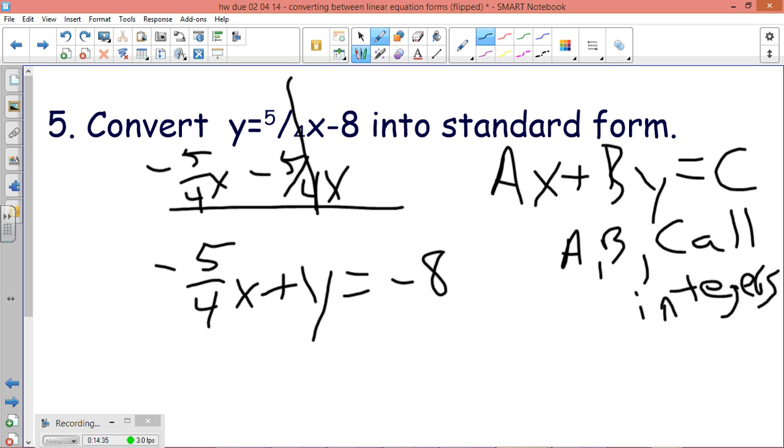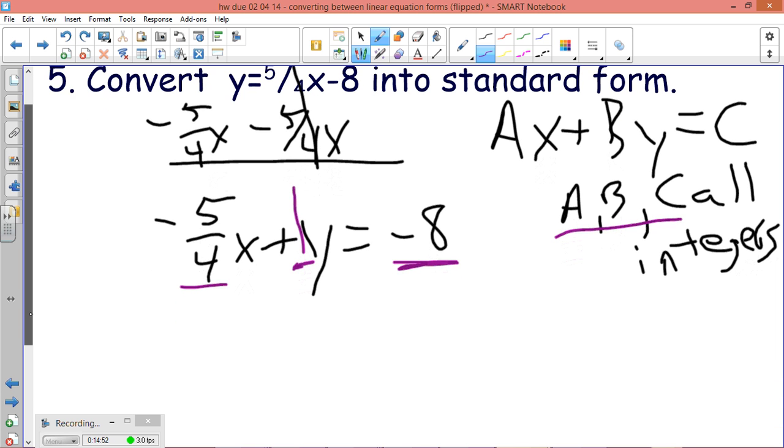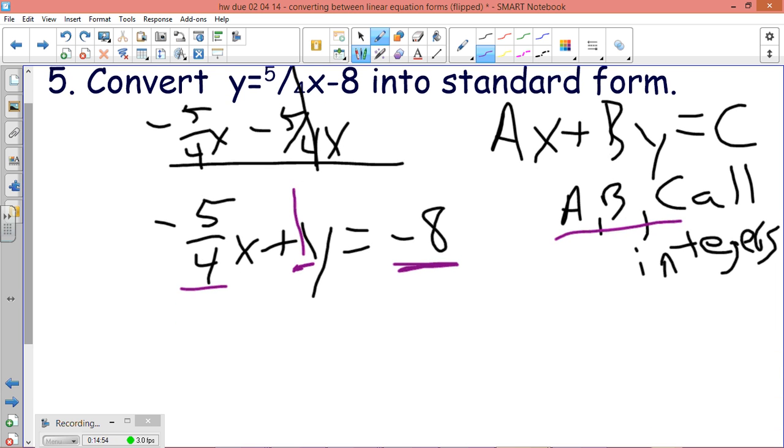And this kind of looks like the form I need, right? Except it's not, because a, b, and c, that's this guy that's not actually here, it's actually a 1, and this guy here all have to be integers. Well, the 1 and the negative 8 are integers, but negative 5/4 is not. So how do I fix this? Well, here's a little trick that we probably haven't talked about this year.